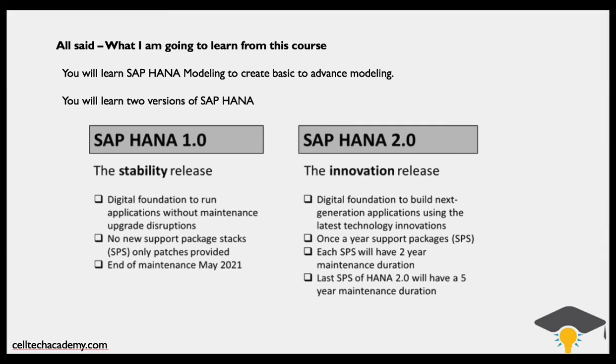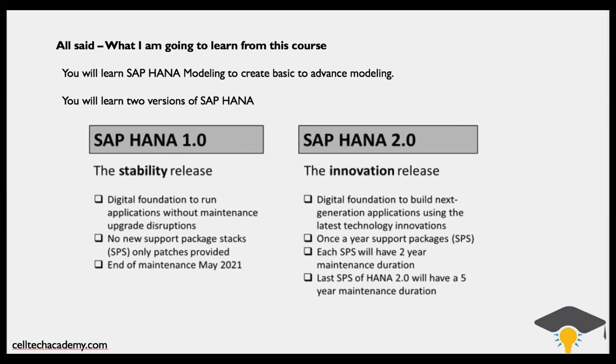Something has been left behind in SAP HANA 1.0, and new things have been carried forward to SAP HANA 2.0. Even in SAP HANA 2.0, right now the service pack is 3. You will be working on SAP HANA 2.0 SPS 3, which is the current version. We will be updating every 6 months as soon as SAP releases new service packs.